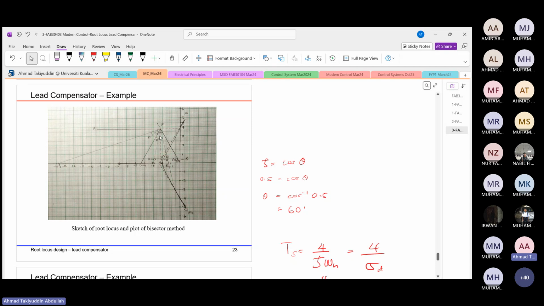So by the bisectional of this APO angle, it will be 60 degree.